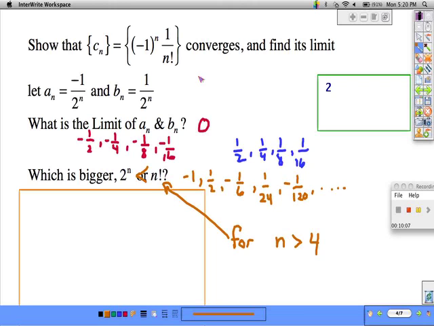If we look at the terms here, what that would mean is that if n factorial is bigger, then our c value is going to be less than b sub n, and it's going to be greater than a sub n.